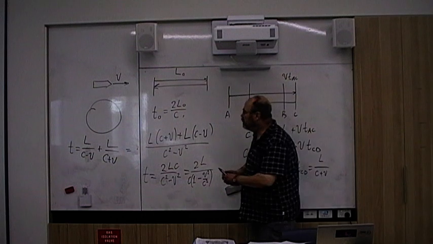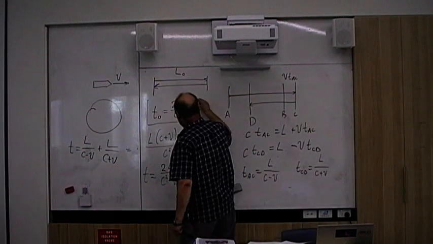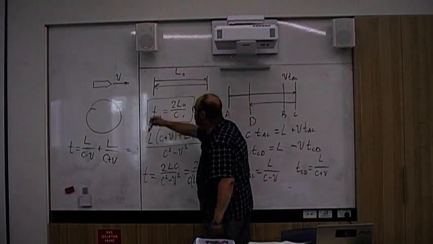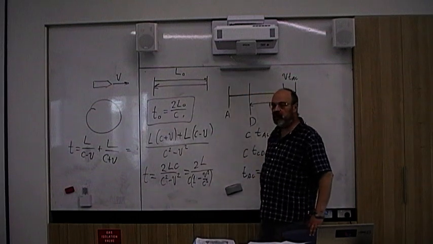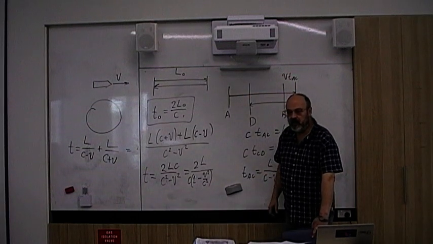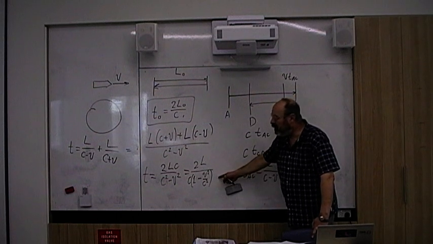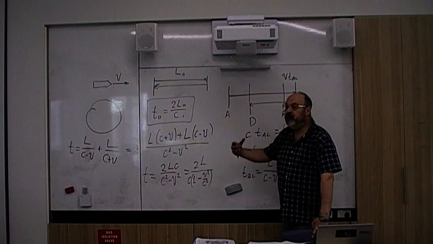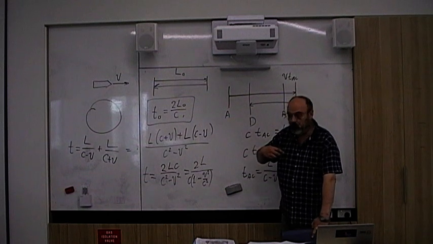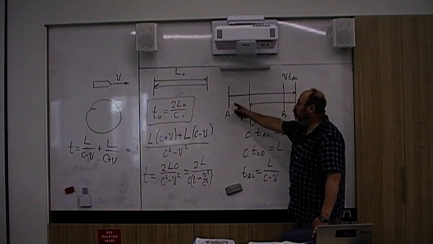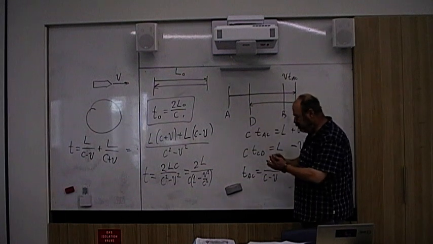So this is the time, how long it takes light to get from one mirror to another and back, from the person on the Earth who is stationary for the clock. And this is the time that will appear to the person on Earth, how long it takes light on the spaceship to go there and back.